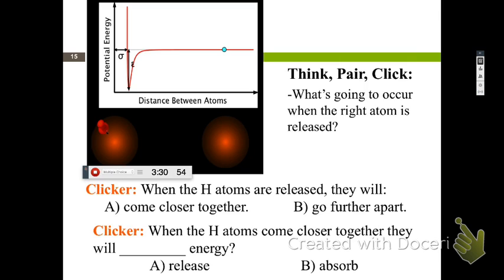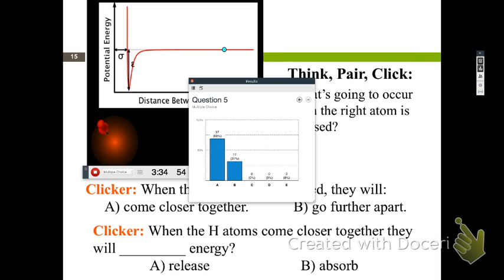Questions on that? So when those two hydrogen atoms came together, they increased their stability by partially filling their duets. They had an attraction between electrons and protons, so they ended up being more stable and releasing energy in the process.